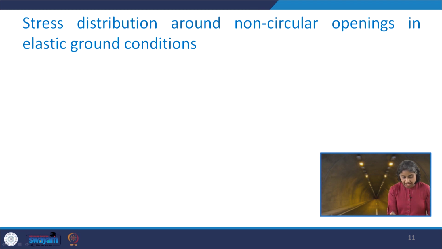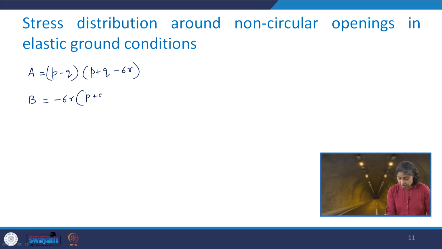So, here we have A as P minus Q into P plus Q minus 6R. Then I have B as minus 6R into P plus Q. We have C as Q square plus 6RP plus 9R square.